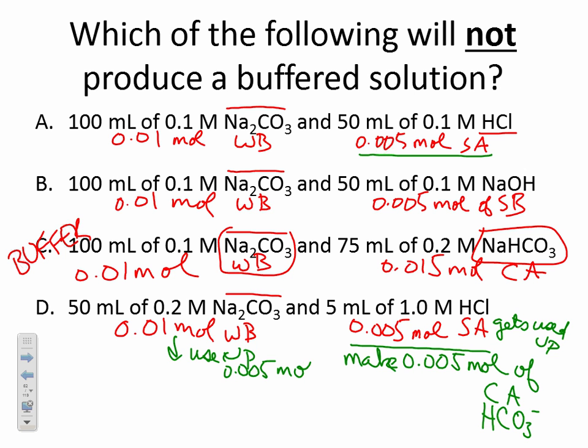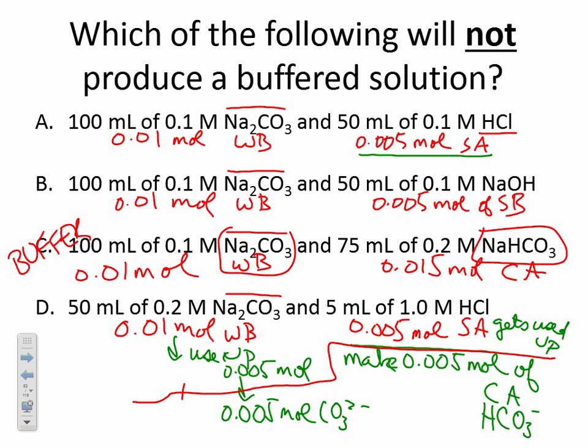You'd be left with 0.005 moles of CO3 2 minus. This is identical for A and D because we have identical quantities. So in both cases we wind up with equal moles of both the weak base and the conjugate acid. This is our half titration method, so we actually have a buffer in both of these situations.